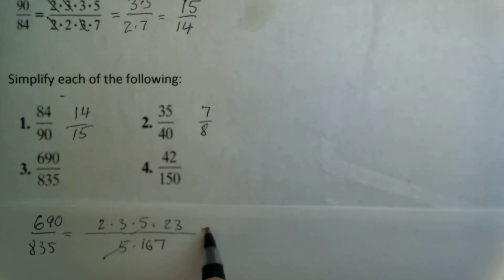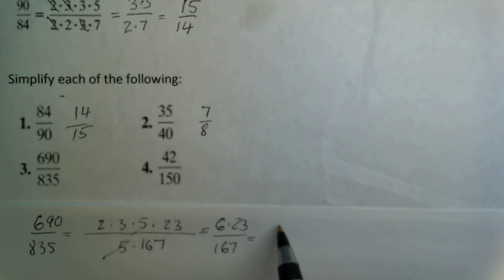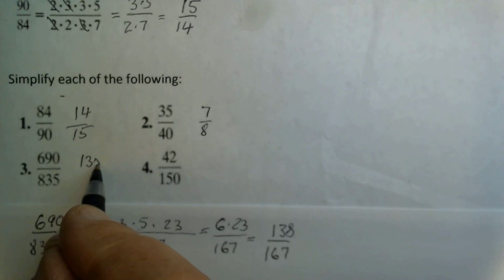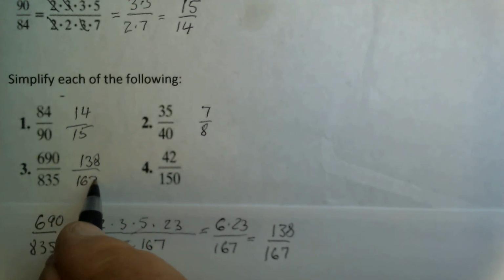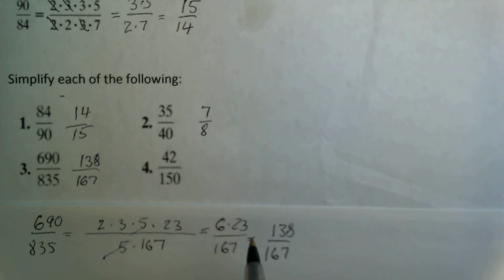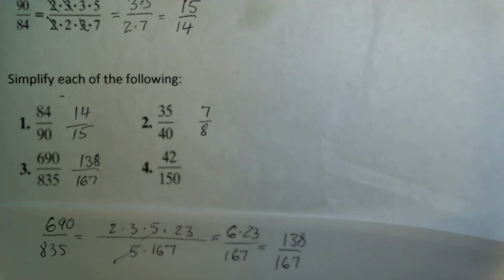So we have in the numerator 2 times 3 is 6 times 23 divided by 167. So that's equal to 138 divided by 167. So you can see that prime factorization is a pretty important method here for reducing fractions.